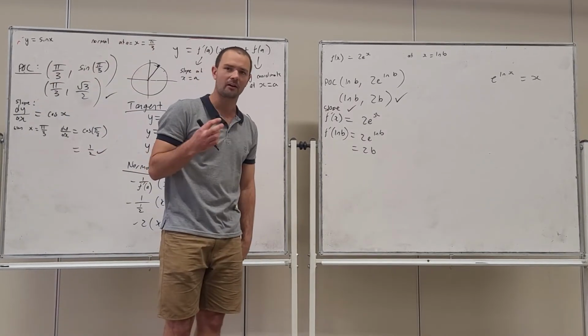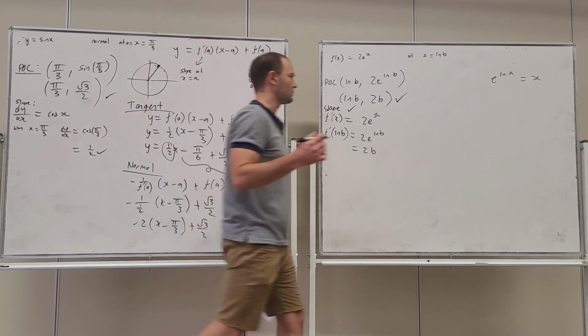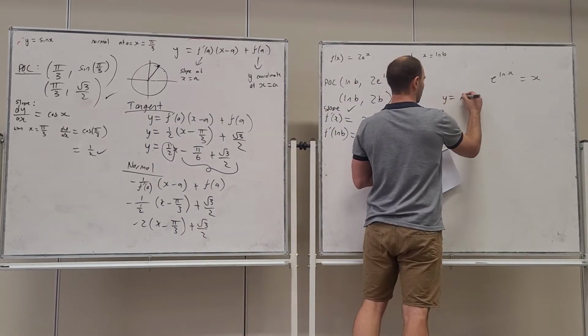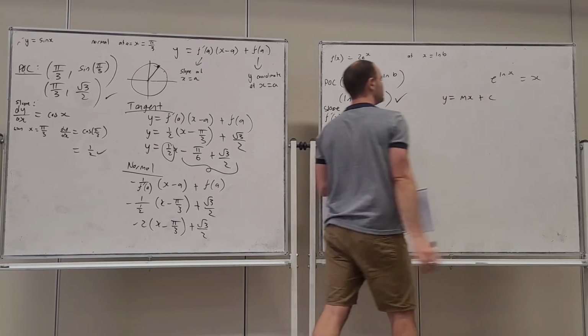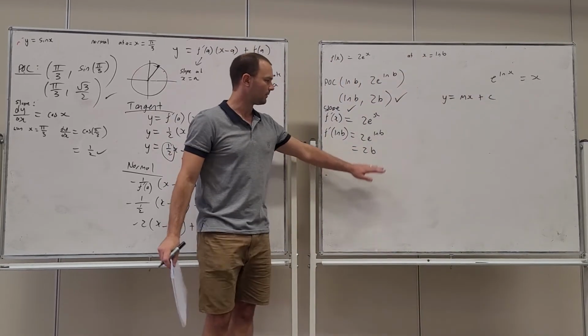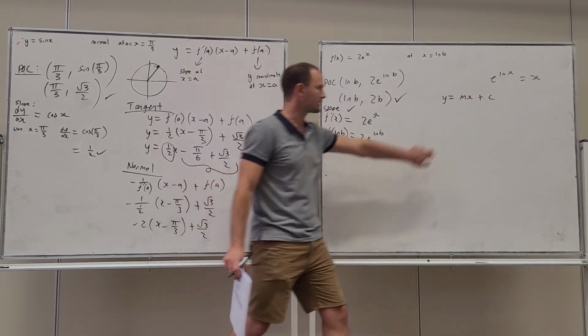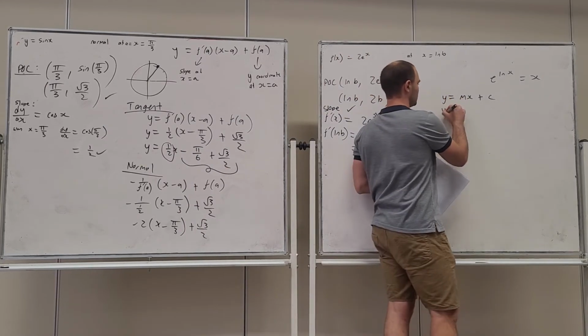And let's go back. My favourite process is just y equals mx plus c. You do what you want. We need the equation of a line that has a slope of 2b. So 2b is going to go where m is.